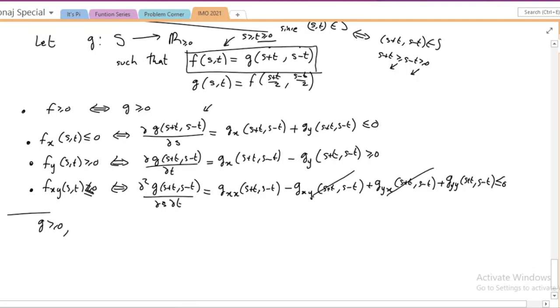So g is greater than or equal to 0, g_x plus g_y is less than or equal to 0, g_x is greater than or equal to g_y, and finally g_xx plus g_yy is less than or equal to 0. It's not looking as nice as the other one, but we could use this to have a few examples of functions, a whole class of functions, that actually satisfy this.